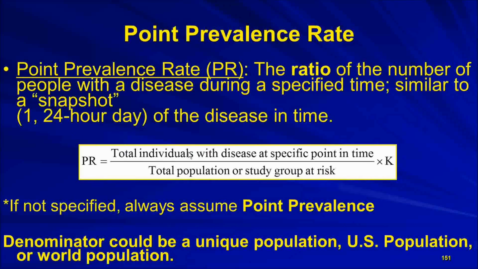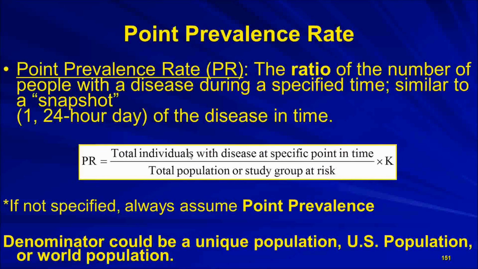Okay, now let's look at this. Point prevalence rate. It says the ratio of the number of people with a disease during a specified time period, similar to a snapshot or 24-hour period of the disease in time. So if I want point prevalence, let's say on July 1, that's a 24-hour period.